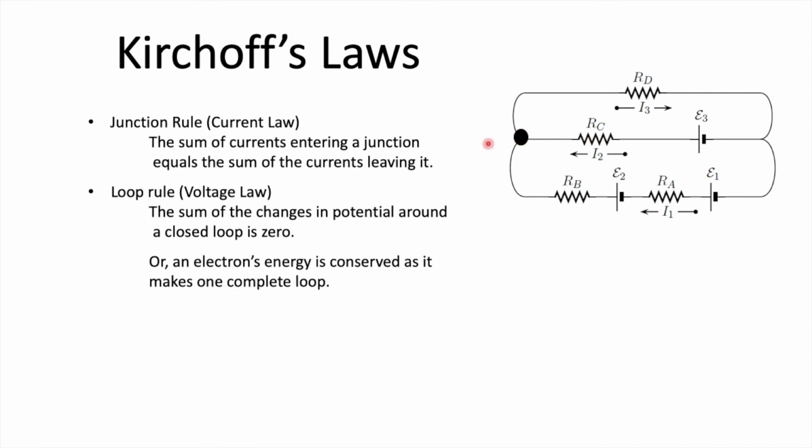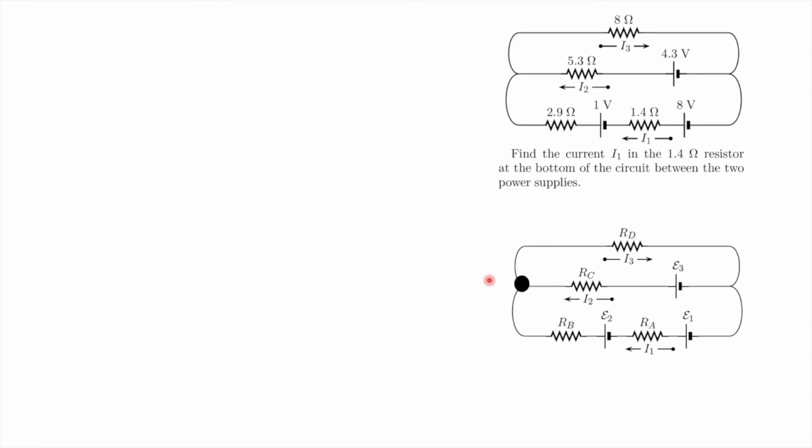And so the sum of changes of potential of that test charge in three elements, these two resistors and one battery, must be equal to 0. That's the conservation of energy as well, or an electron's energy is conserved as it makes one complete loop. Either way we can understand that.